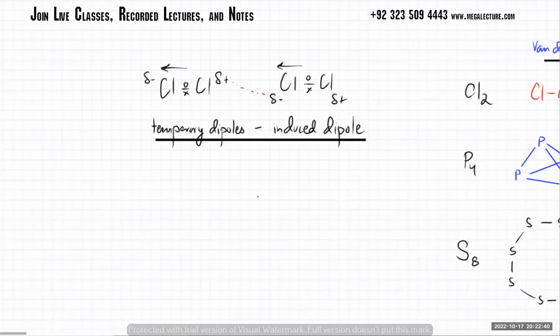This entire thing is called a van der Waals force, or it's known as a dispersion force. That's what this intermolecular force is.